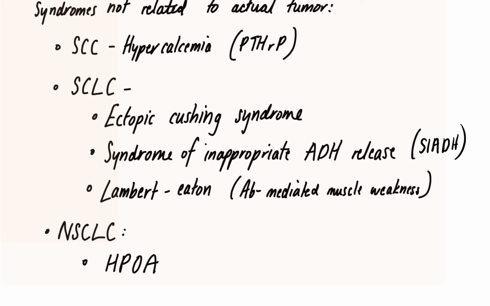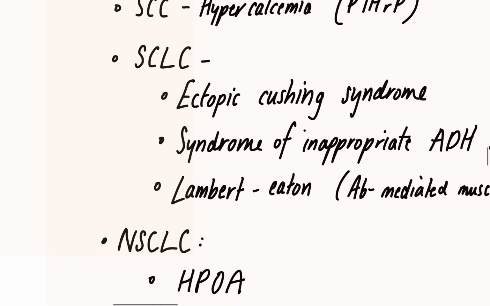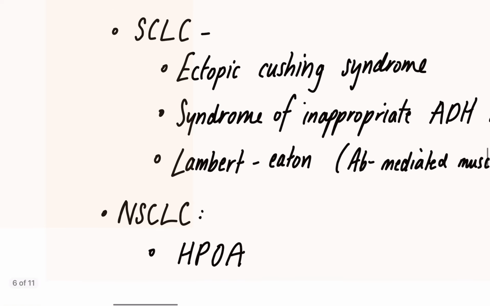You can also get something called Lambert-Eaton syndrome, which is where you get antibody-mediated muscle weakness. And then in non-small cell lung cancers, you can also get hypertrophic pulmonary osteoarthropathy, or wrist tenderness. And that's something that we also look for in our respiratory exam for OSCEs.